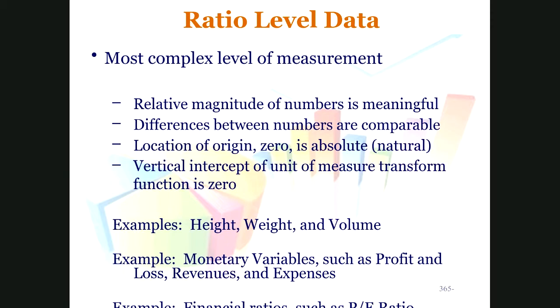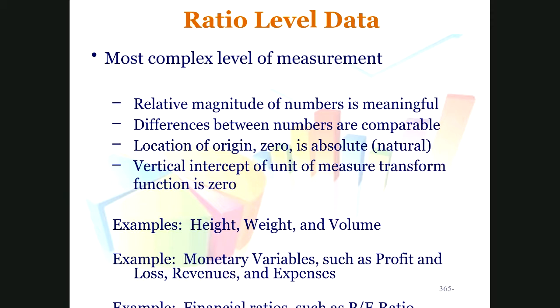The characteristics are that the relative magnitude of numbers is meaningful, which means when you're comparing a very small number to a very large number, the large number has some kind of meaning because it is that much larger than the small number. The differences between numbers are comparable. There's a location of origin, and 0 is absolute. And the vertical intercept of a unit of measure transform function is 0.